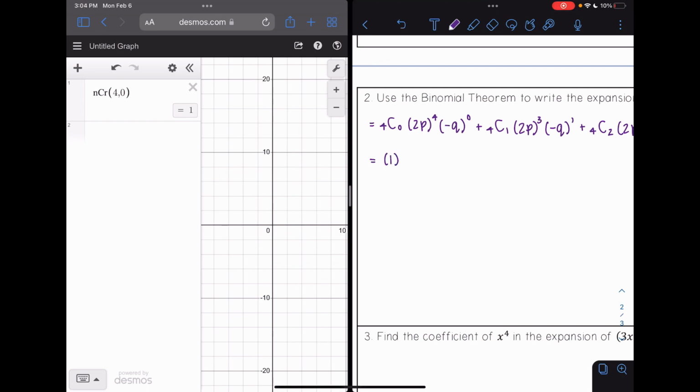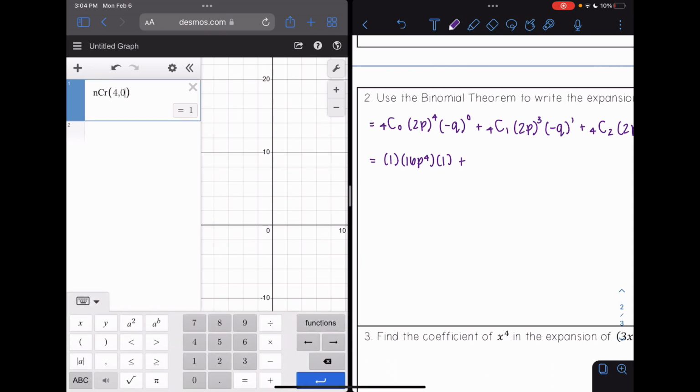2p raised to the 4th power, I'm going to have to do 2 to the 4th power and p to the 4th power. So 2 to the 4th power, that is 16, and then p to the 4th. Negative q to the 0 power is just 1. And then 4c1, that is 4. 2p raised to the 3rd power, so I have 2 cubed, which is 8.